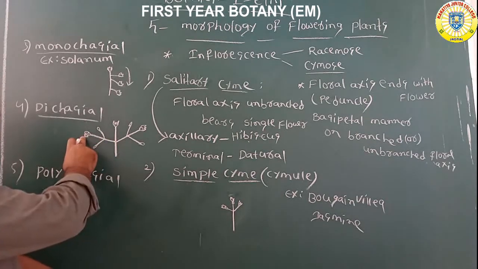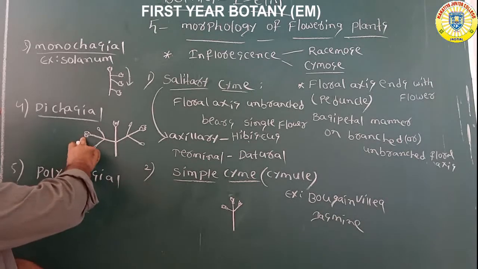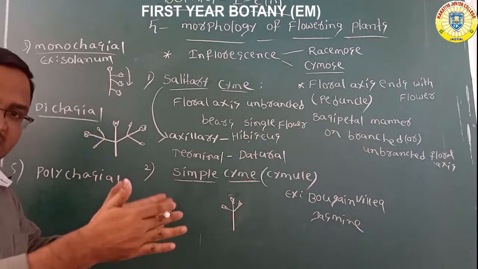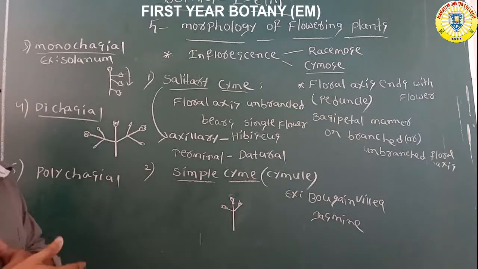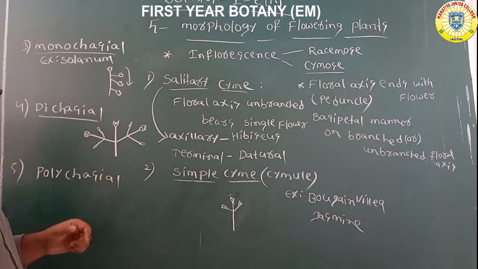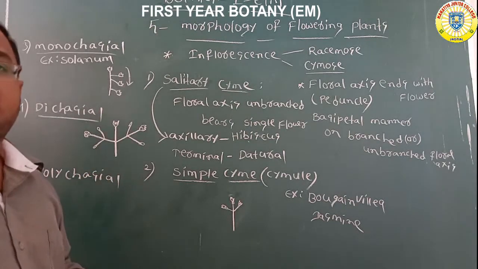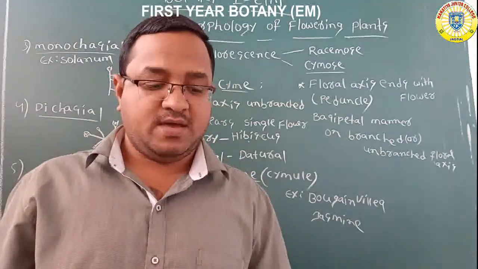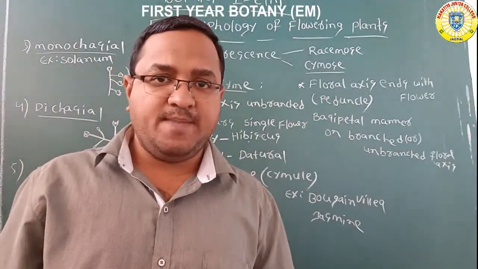First, flowers are arranged at the top. Then the development goes towards the bottom, top to bottom, basipetal manner. So that is the dichasial. The best example of dichasial inflorescence is Ipomoea.